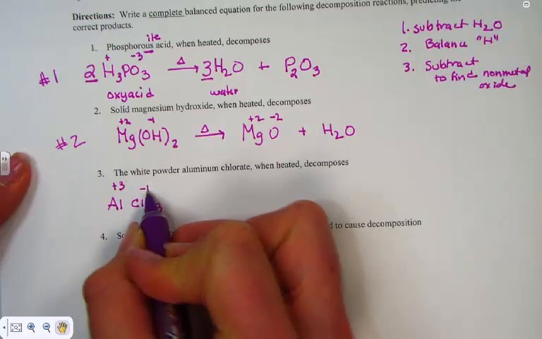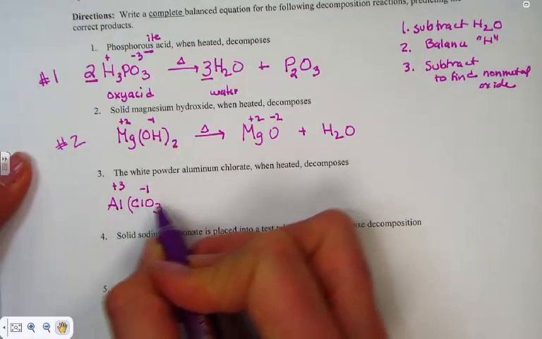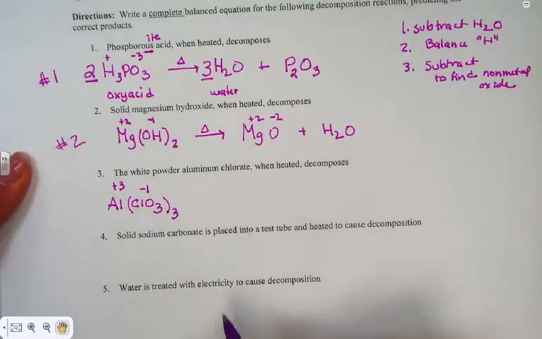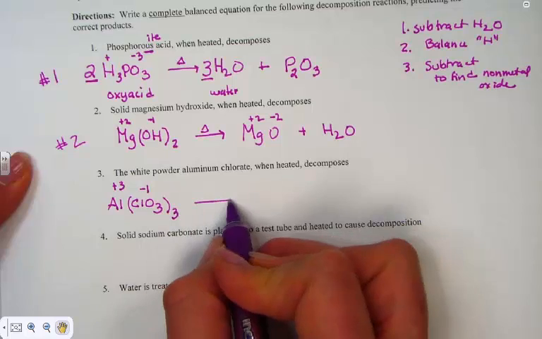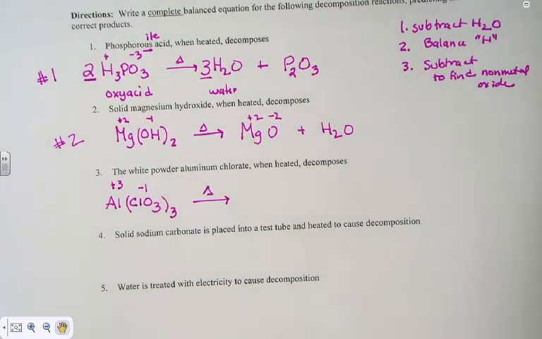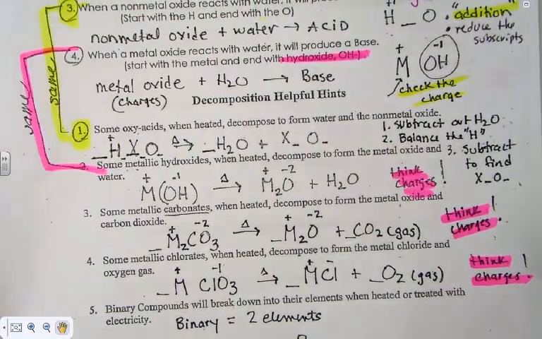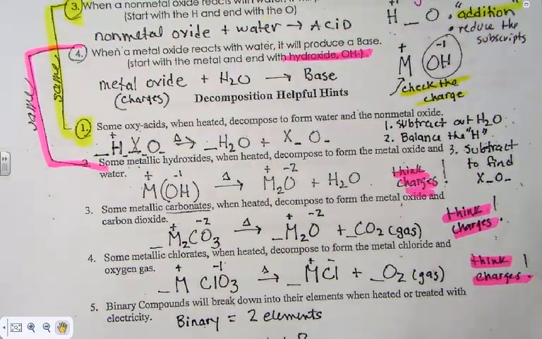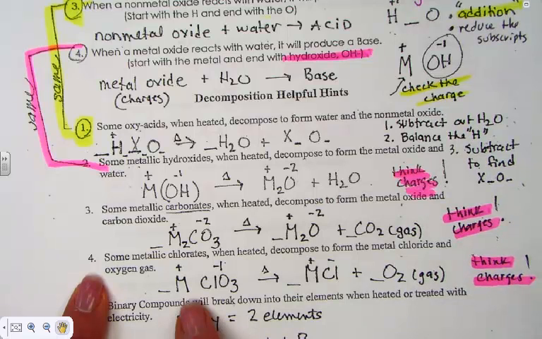The polyatomic ion chlorate is a -1, so the initial reactant, Al(ClO3)3, will decompose upon heating. Now carefully examine your helpful hint page. Anything there about chlorates that will help me deduce how to break this down? You found it. It's number 4.